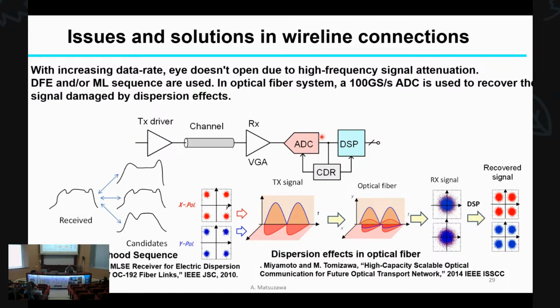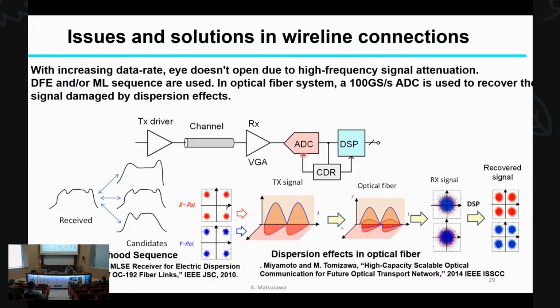And the other is using optical communication. Conventional optical communication is on or off at very high speed: on, off, on, off, off. But due to the dispersion effect in the optical fiber, this operation is degraded.